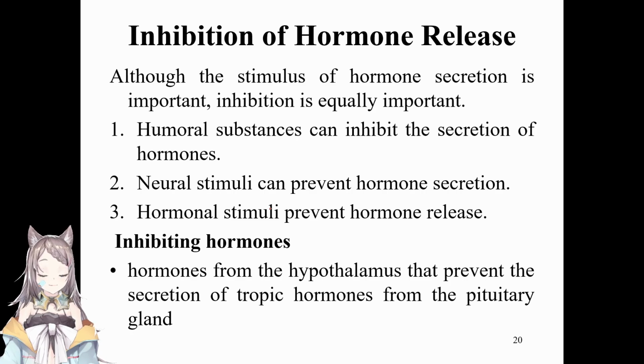If our blood glucose is too low, it will cause glucagon to act. If it's too high, it will cause insulin to act. Neural stimuli can also prevent hormone secretion, and hormonal stimuli can prevent hormone release. So inhibiting hormones are hormones from the hypothalamus that prevent the secretion of tropic hormones from the pituitary gland.